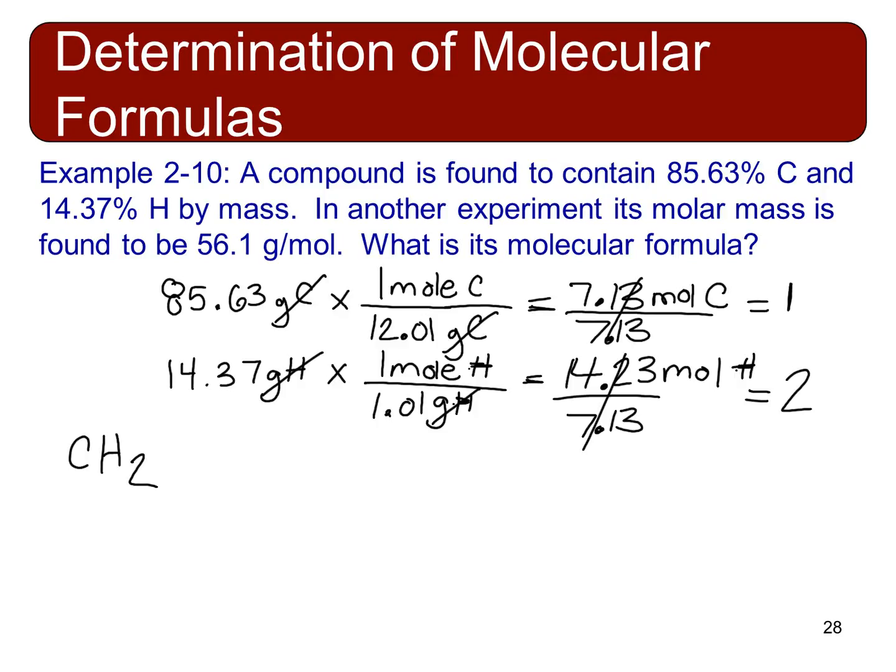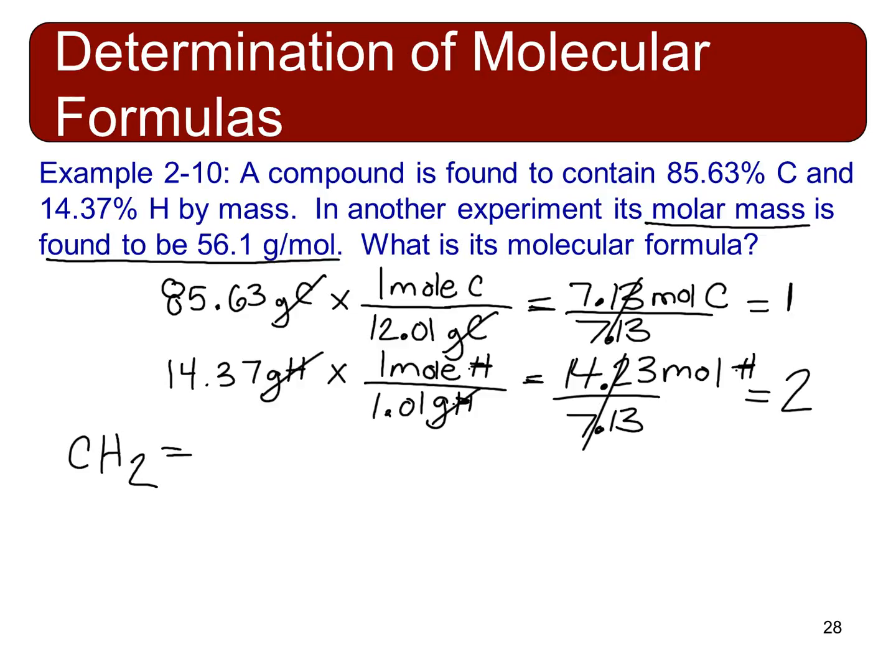If we go back to the problem, we have to be given sufficient information here. So our molar mass for this compound is supposed to be 56.1. Okay, so I want you to calculate the molar mass for CH2. Remember, we talked about molecular weight, formula weight, molar mass.